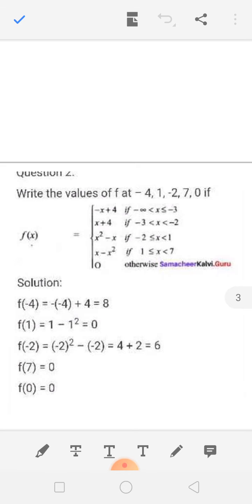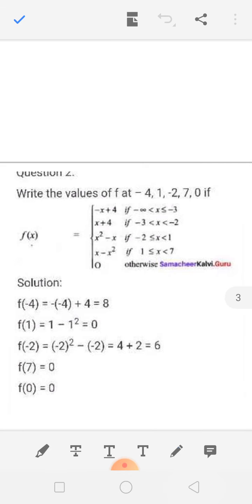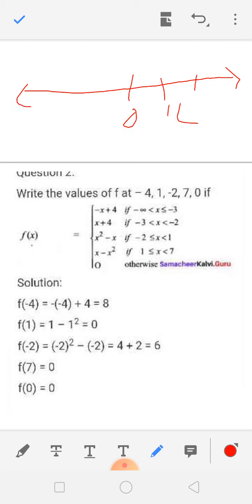So same here, look at here. The first one is minus 4. I want to check where this minus 4 lies in the intervals. We already know the graph. So this is a graph: 0, then 1, 2, 3, 4 and so on, and this is minus 1, minus 2, minus 3 and minus 4 and so on.